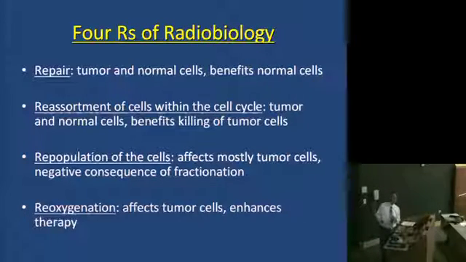Reassortment of the cells occurs in both normal cells as well as the tumor cells. However, it seems to benefit the normal cells more than the tumor cells. The repopulation of the cells also occurs between the fractions, and I think it preferentially helps the tumor cells as compared to the normal cells. And reoxygenation of the cells seems to occur only in the tumor cells.